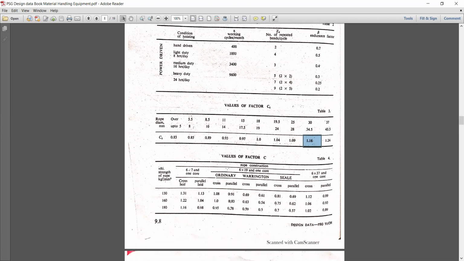Referring to table number 4, for the value of c, as the strength of the rope is 180, we are using 6 by 37 cross lay. So we are using this one, and for this the value of c is equal to 1.02.